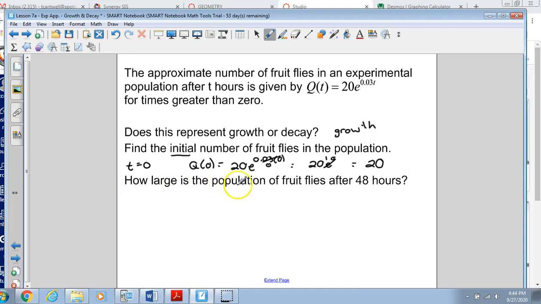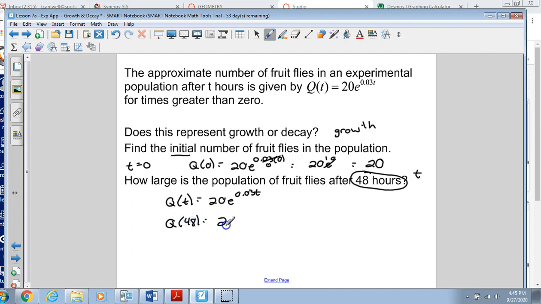Now, how large is the population of fruit flies after 48 hours? So 48 hours will be our t. Let's plug into our formula. Remember that our formula is q of t equals 20e to the 0.03t. So we're looking for q of 48.